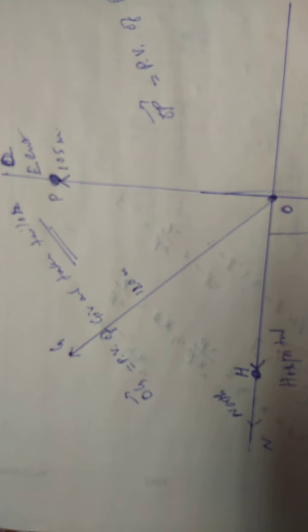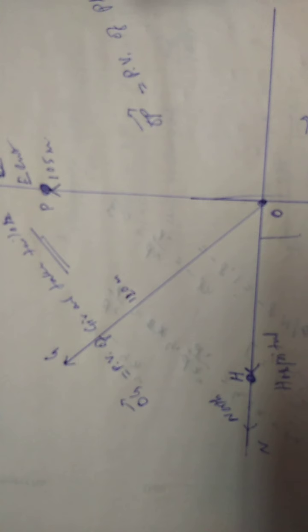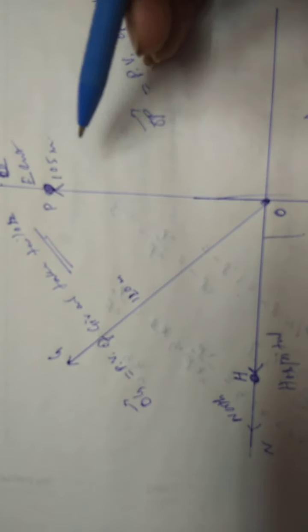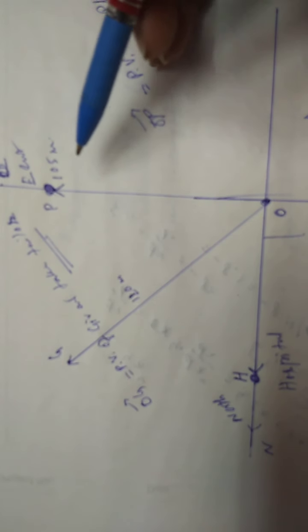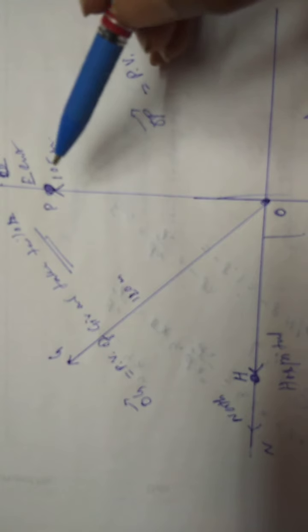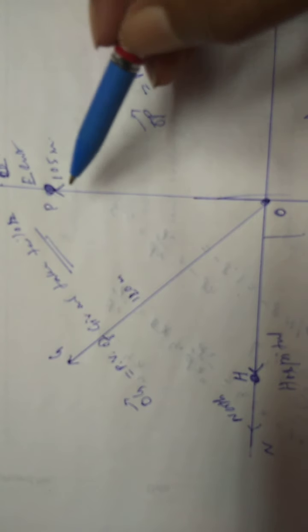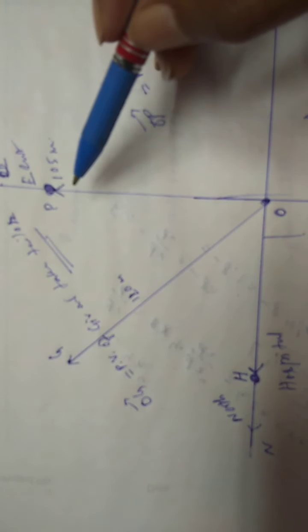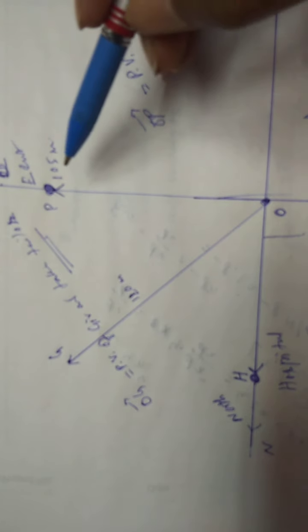Now, last day we have learned how the position of any place or any locality or any landmark can be shown by a vector.